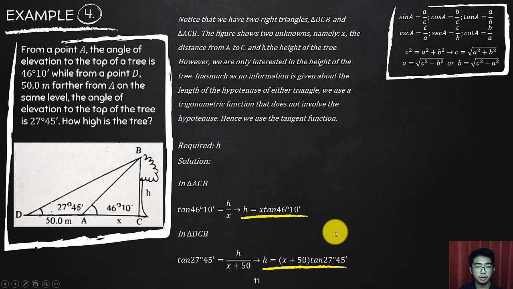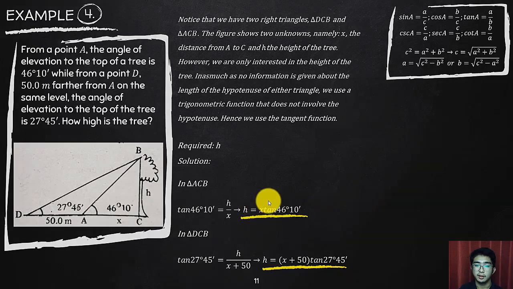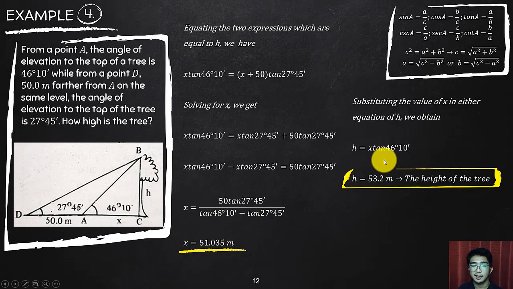If you substitute the value of x in either one of these equations, you should get the correct value for h. I'm just going to use the easier one, x tangent 46 degrees 10 minutes. So substitute 51 here. You're going to get h equal to 53.2 meters. Therefore, that is now the height of the tree. If you want to check this, use the second expression from triangle DCB. H should be the same.